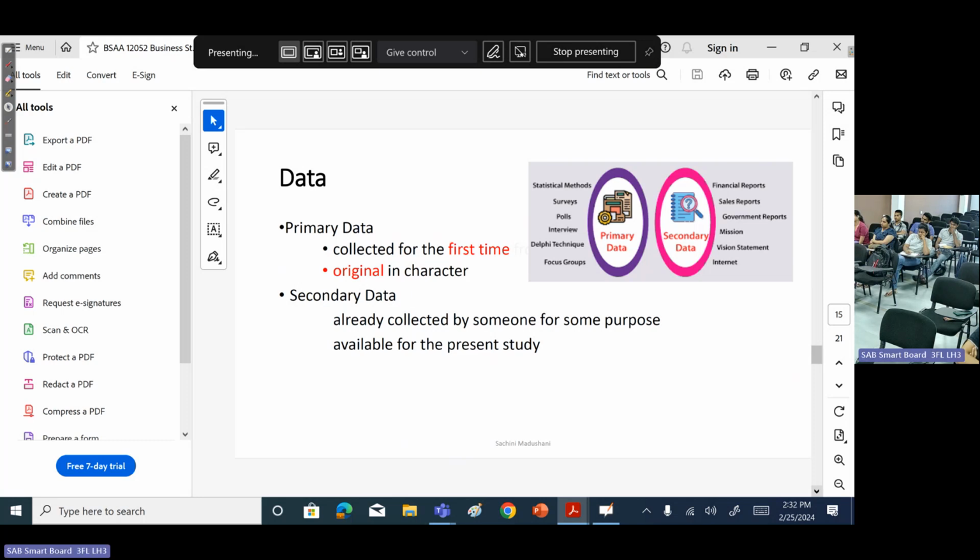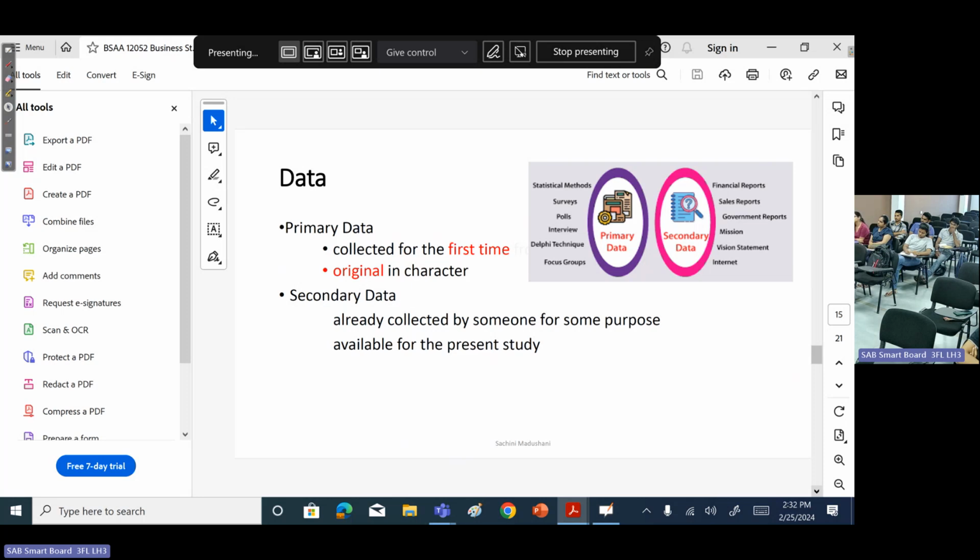That data was already collected by the central bank for their purpose, and then we refer to that. That is the secondary data. Their purpose is different from our purpose. Understood? Secondary data is normally available for the present study.